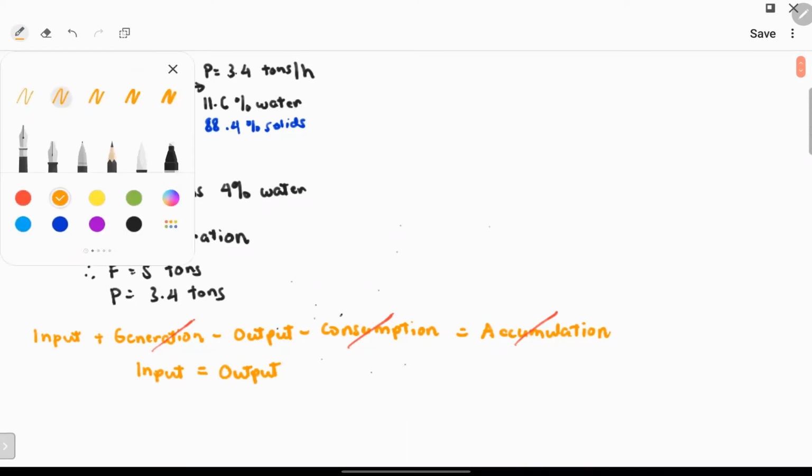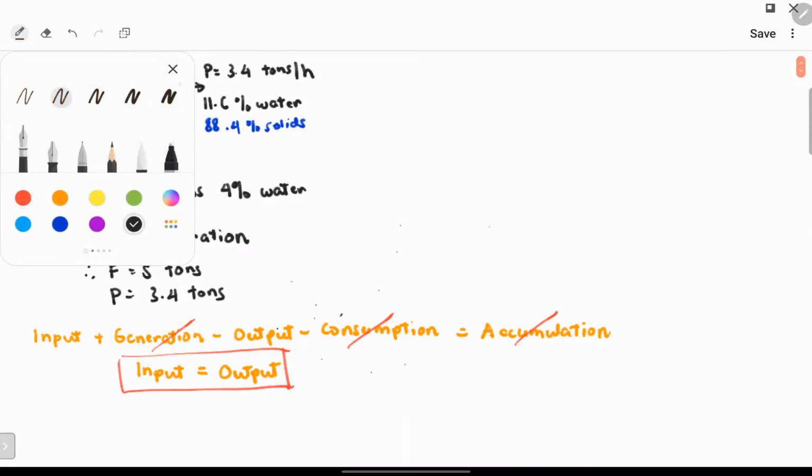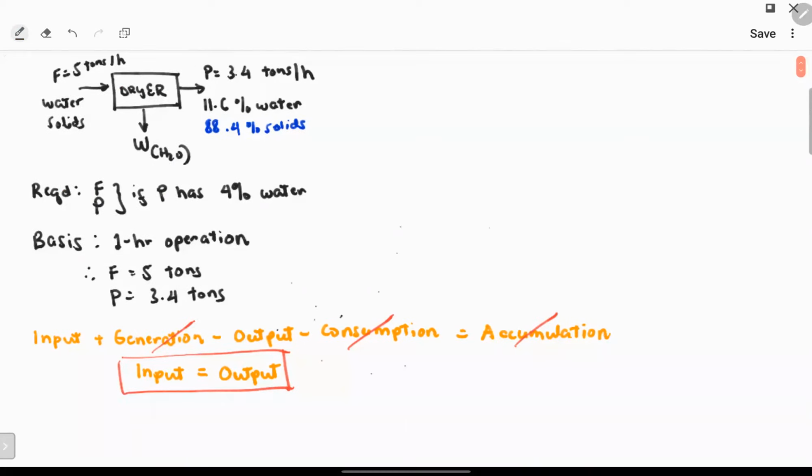All right. So that is our general working equation for non-reactive processes, steady state. Okay. So what will be the overall material balance equation for this specific example that we have?